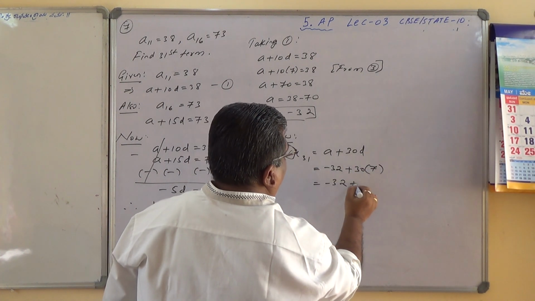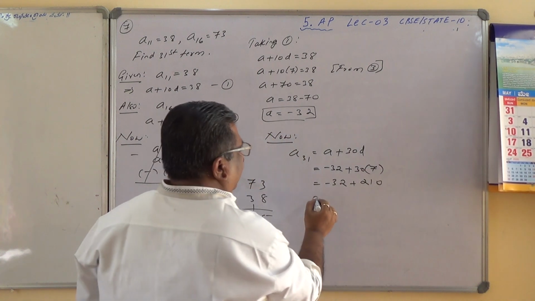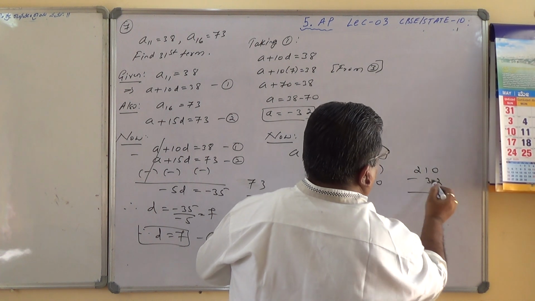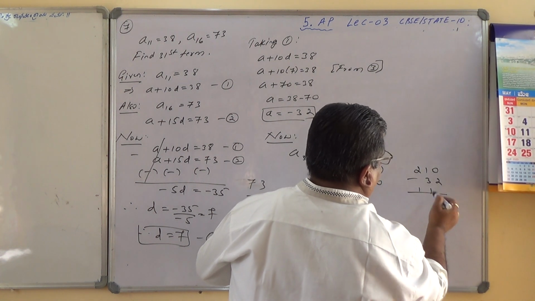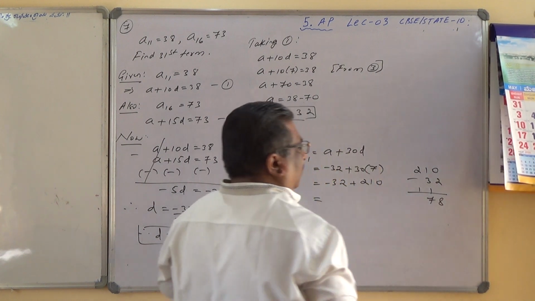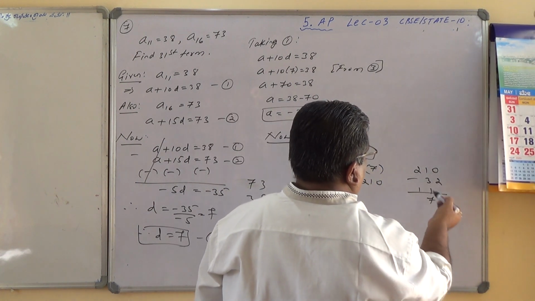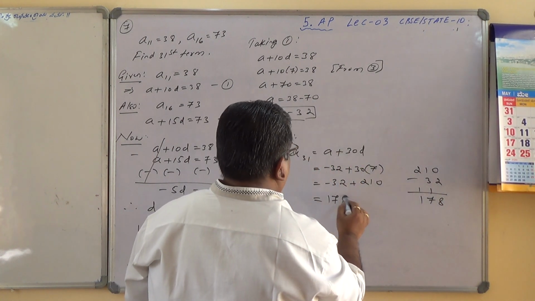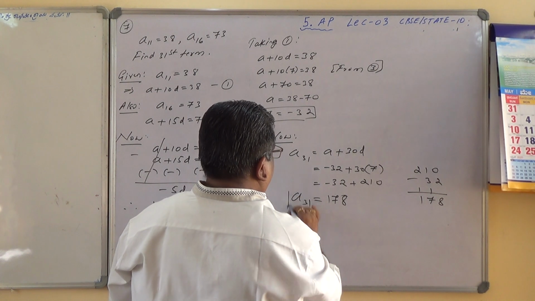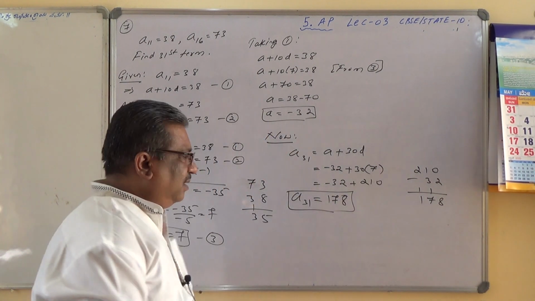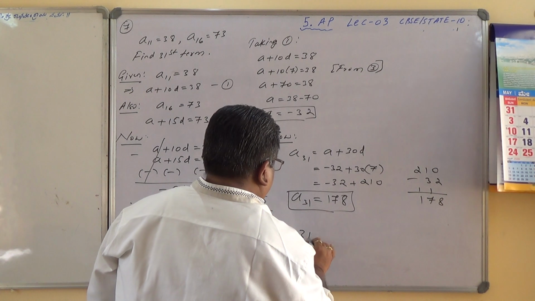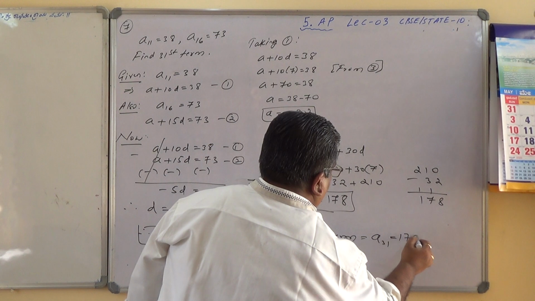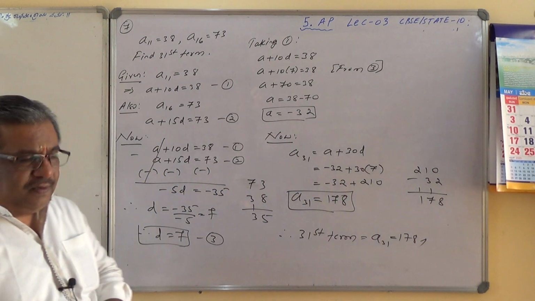So minus 32 plus 210, which equals 178. So A31 is 178. Check it, and therefore the 31st term A31 equals 178 is the answer. Note it down. I'll go to the next question.